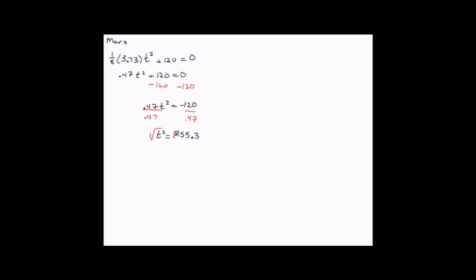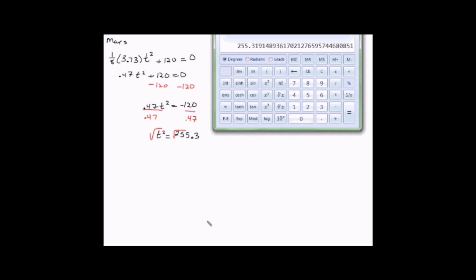So I'll take the square root of both sides. So 15.97, that's going to round up to 16 plus or minus. But can we have negative time? It's time. Time is always positive. So on Mars, it'll take 16 seconds for that object to hit the ground.